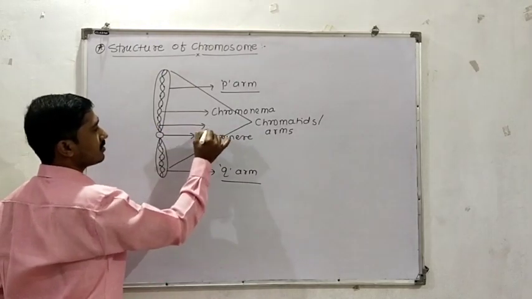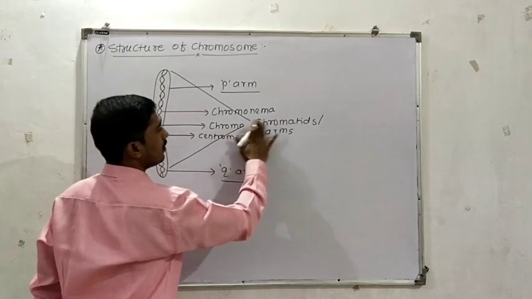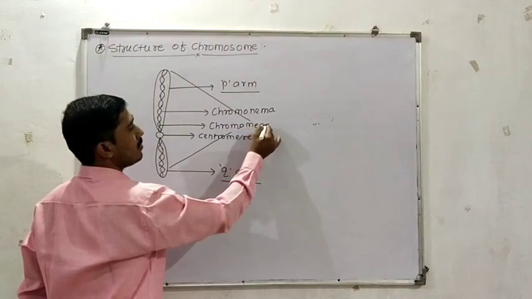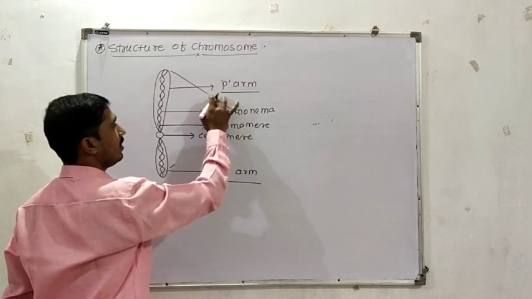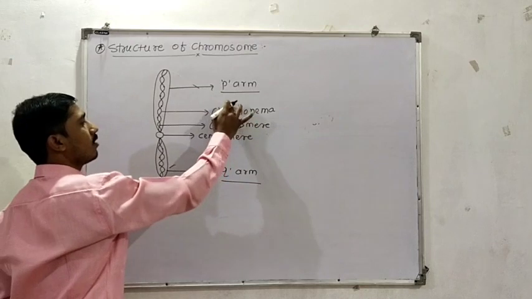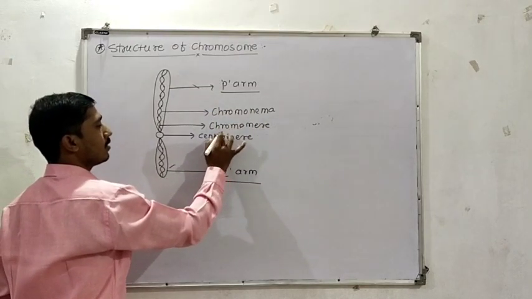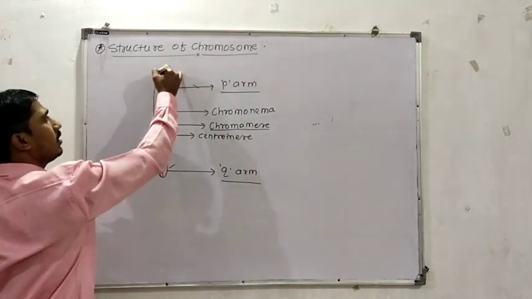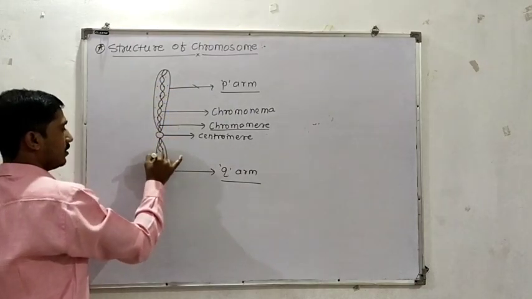These bead-like structures are called chromomeres. Bead-like structures present on the DNA or the fiber-like material are called chromomeres.